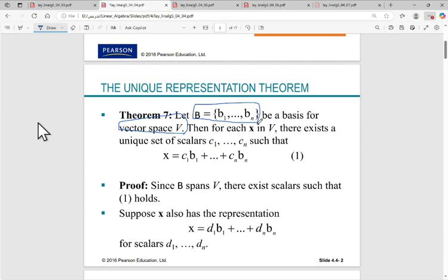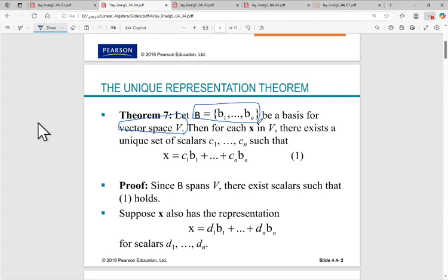So B1 to Bn are a basis for V if this set of vectors satisfies two properties. First, they span V, which means span of B1 to Bn equals V. Second, B1 to Bn are linearly independent, right?